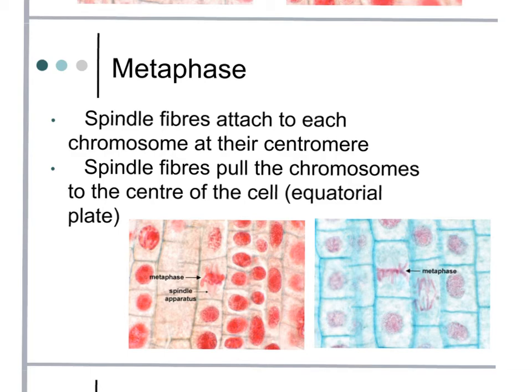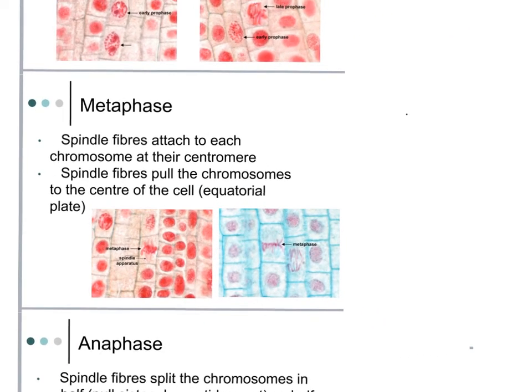So if we look at a chromosome, the centromere is at the center. So we have spindle fibers attaching to the centromere, and then it pulls the chromosomes into the middle of the cell, and we also call this the equatorial plate. The middle of the cell is the equator of the cell, the equatorial plate.